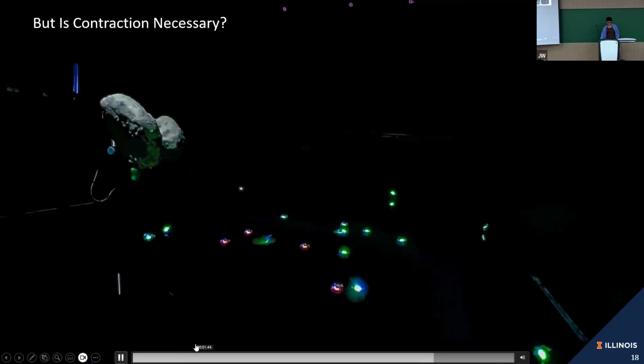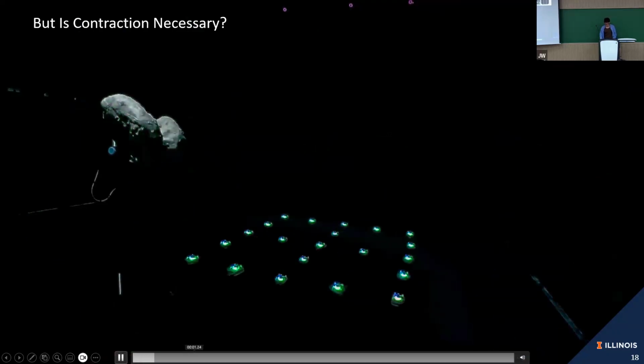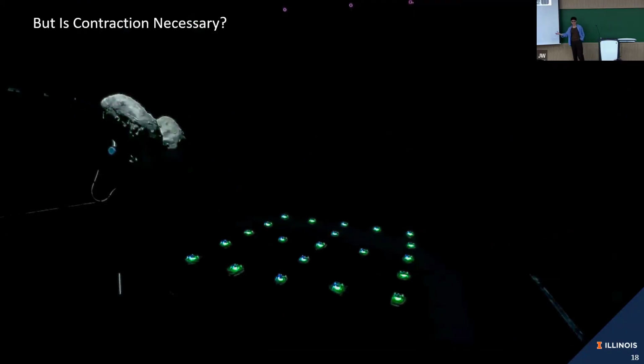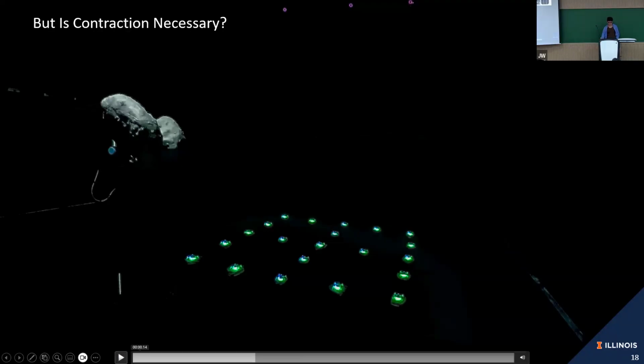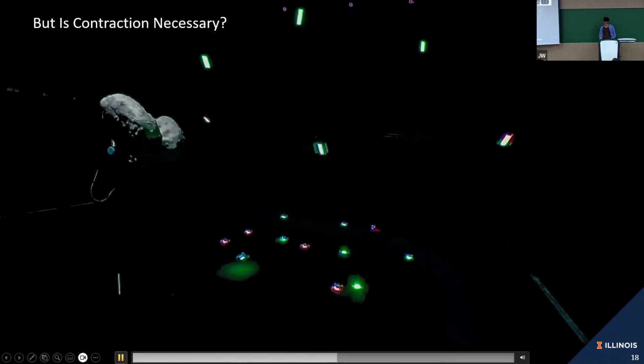Because of what we call the sim-to-real gap, the dynamics I used for controlling these guys are different from the dynamics of the real world. And also the information you get from the surrounding agents can be different from the actual information you get from the real world. These kinds of discrepancies accumulate, and then it stopped operating. And this is what's called a crash.